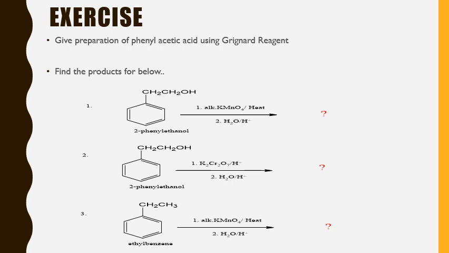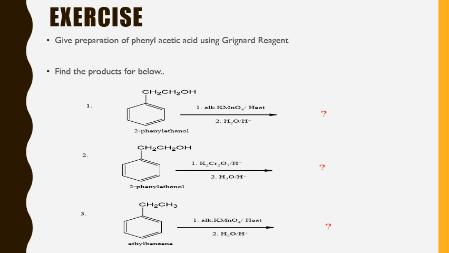I have shown in the previous slide that if you have just CH2OH, only one carbon and OH, whether it is alkaline KMnO4 or acidified dichromate, both will give you benzoic acid. But what if you have CH2CH2, two carbons, with alkaline KMnO4, what happens, and what happens with acidified dichromate?